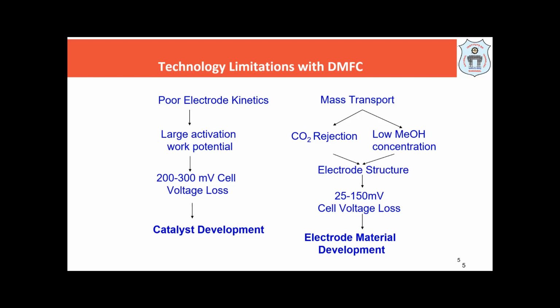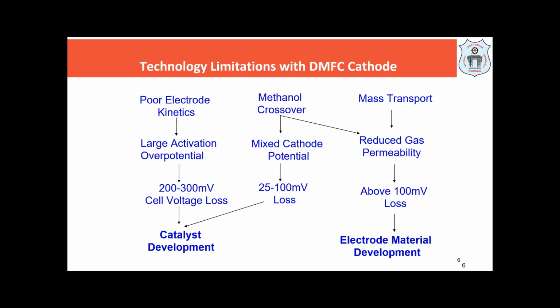So we want a good electrode structure which will not allow methanol crossover to take place in the membrane also, right? So membrane preparation and electrode material development is a big challenge, because of this electrode structure, there is a loss of around 25 to 150 millivolts of voltage. So the development of good electrode material also is a need of the hour.